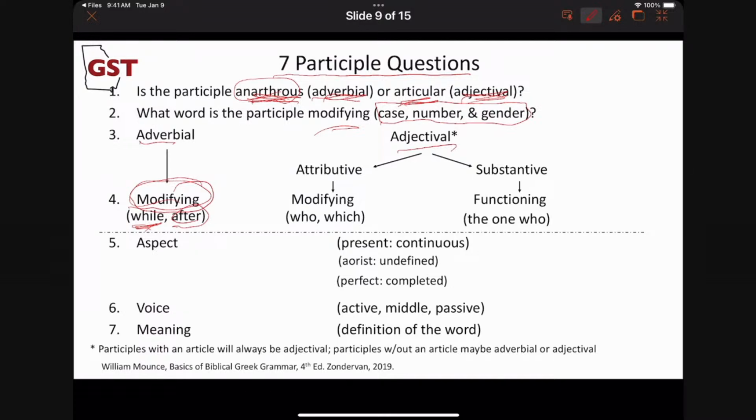Now, if it's functioning adjectivally, then it's going to function like an adjective does. You're going to attribute something to the noun it's modifying. So you need to find out, what noun is it modifying? Well, that's where case, number, and gender comes in.